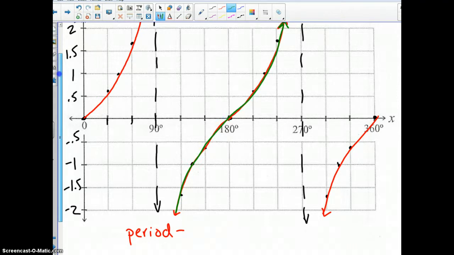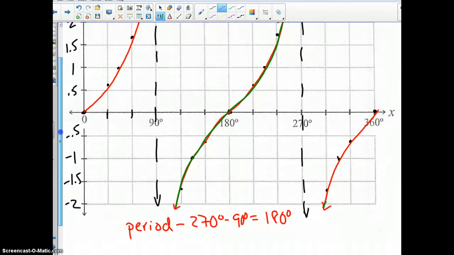It's undefined again, but then it repeats again right after 270 degrees. So basically, between 90 and 270, you see everything, right? So if you take 270 degrees minus 90 degrees, you'll see that the period, it's repeating itself every 180 degrees. And you can see, if you kept going, it would just keep repeating.